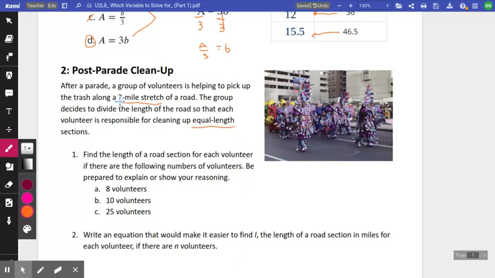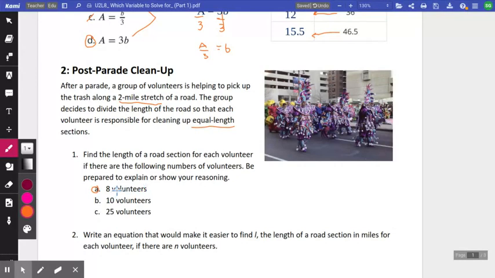If you've got 2 miles and there's only 1 volunteer, that means that 1 volunteer is cleaning the entire 2 miles. However, if you had 8 volunteers, there's 8 people doing the cleaning. How long of a section would each volunteer have to clean up?